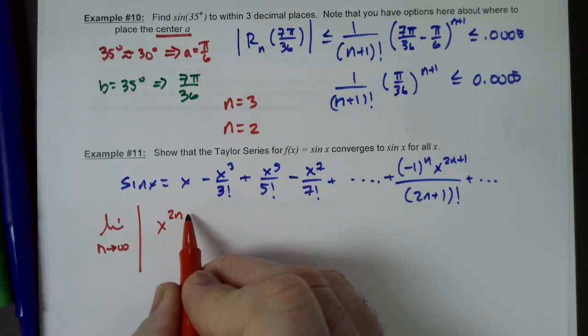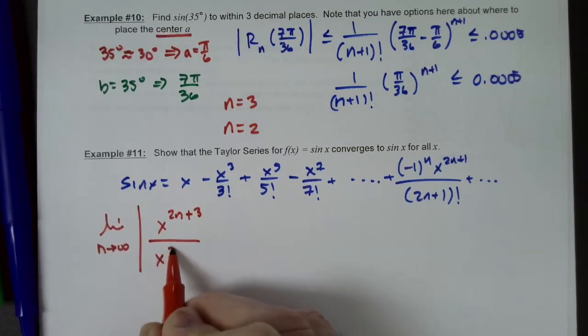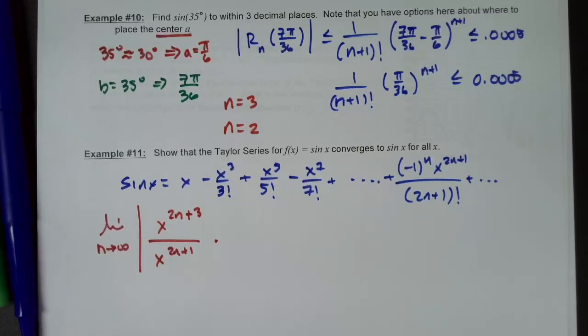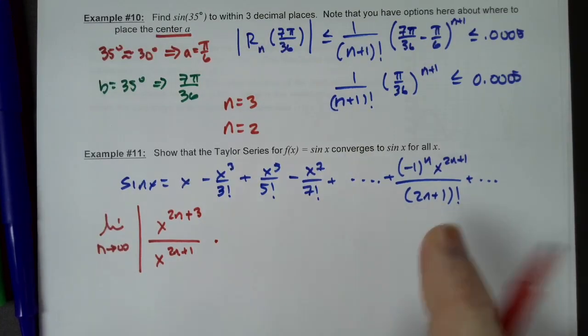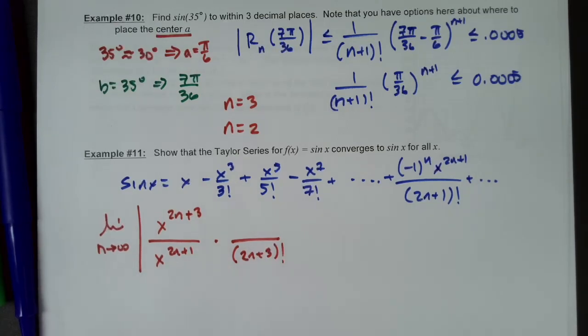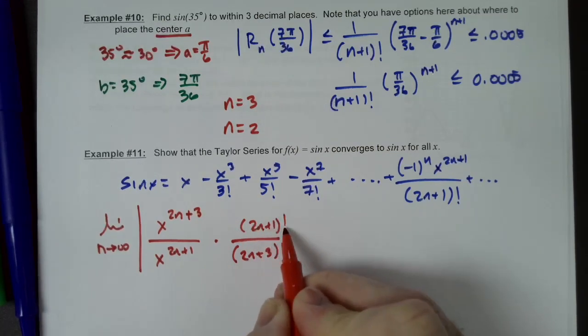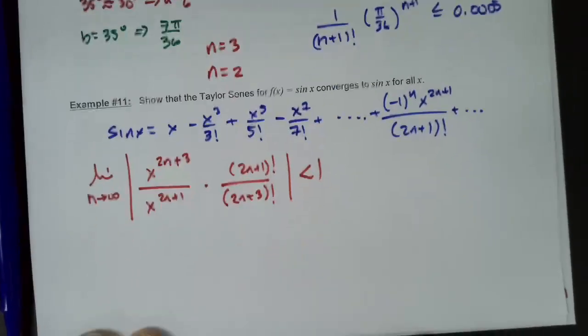This is actually 2n plus 3 divided by the 2n plus 1. Then our denominator, the same thing. This will be a 2n plus 3 factorial. The numerator will just be the 2n plus 1 factorial. We're going to make sure that this is less than 1.